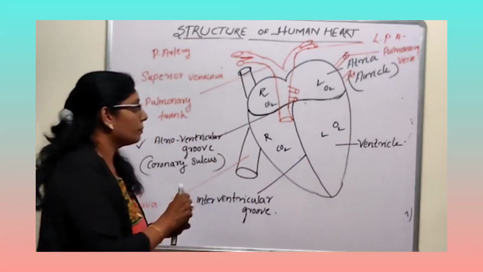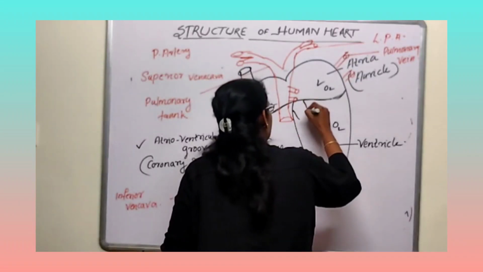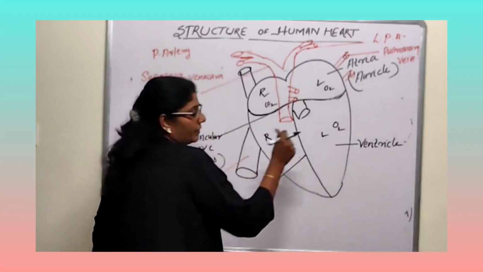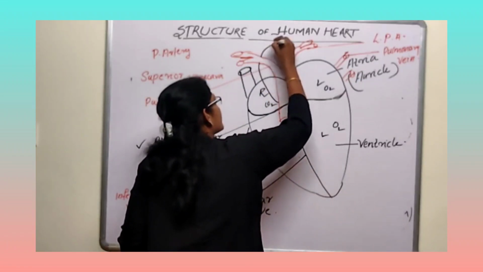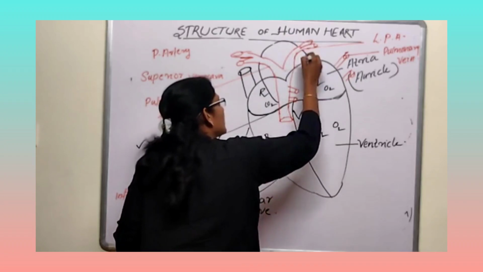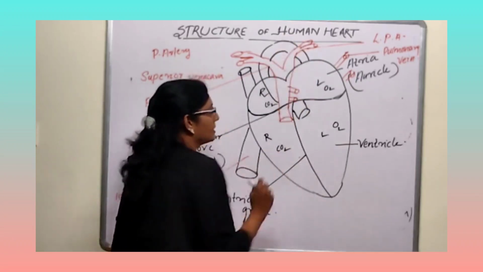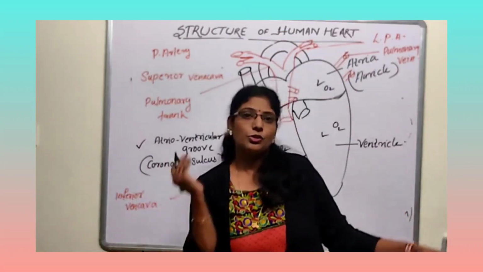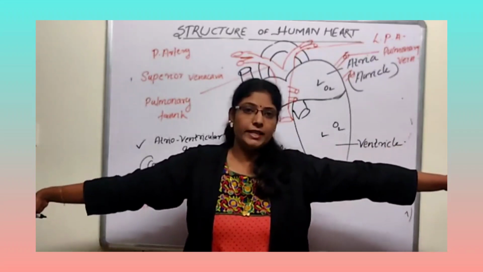So, one more blood vessel is there, which will carry this blood. See, that blood vessel will start from here. This is the left ventricle. From here, it is coming up like this. Can you see? Like this. This is the pulmonary artery, pulmonary trunk.